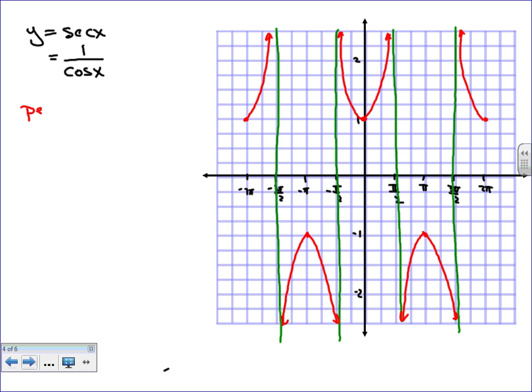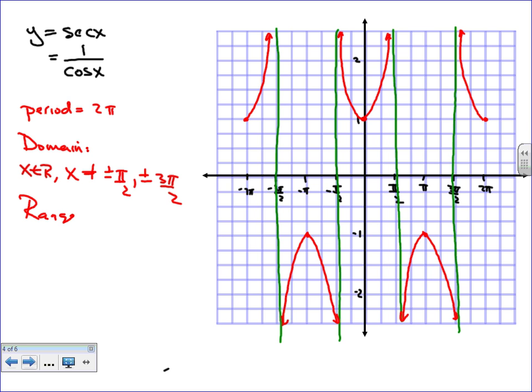So the period is 2 pi, because it takes here and here to complete its primary cycle. The domain is x is an element of the real numbers, but x cannot be equal to the places where it has asymptotes, which was positive and negative pi over 2, and positive and negative 3 pi over 2.